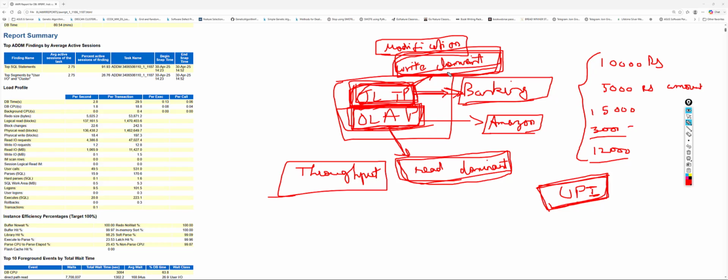It's not only OLTP and OLAP, there is also a mixed workload, a mix of both OLTP and OLAP. So we cannot say that a specific application will be completely OLTP or completely OLAP. It may be a mixed workload as well. So we have the decision support system, DSS. So how will you identify this based on the AWR report?